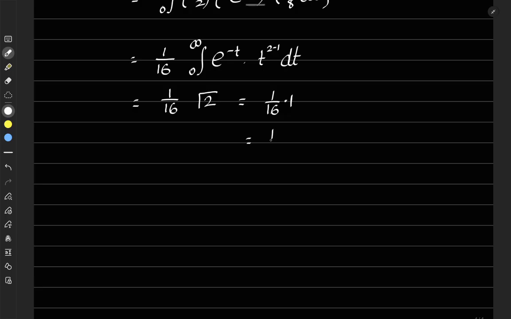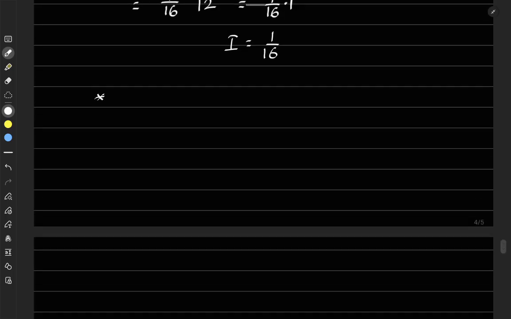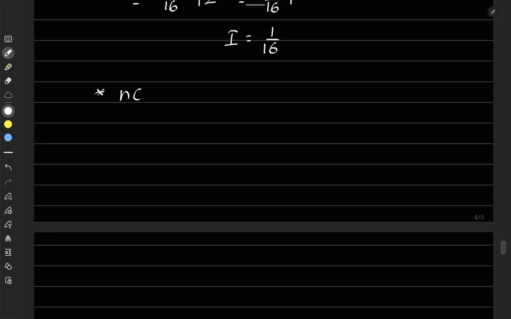So this integral I is equal to 1 by 16. Well, I forgot to mention one thing. If n is a positive integer, then gamma n is n minus 1 factorial. We can use this direct fact to evaluate certain values.